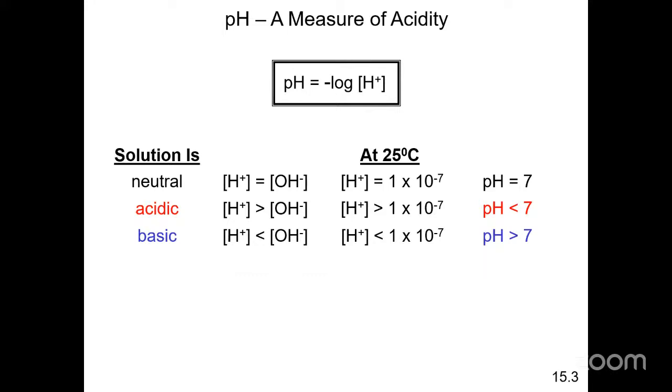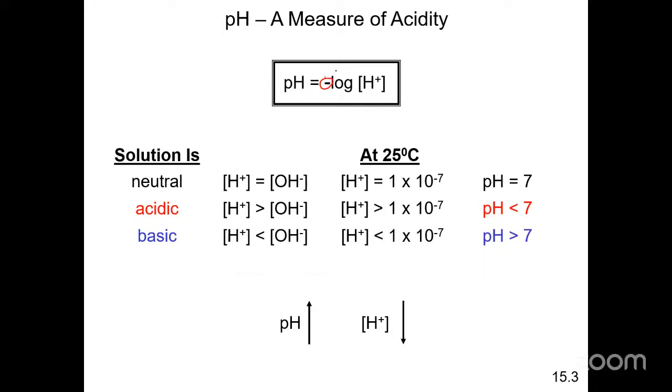Okay, so this is the relationship in terms of trends and changes of pH as it relates to the concentration of H plus. As the pH increases, the concentration of H plus falls. The reason for that is the negative sign right here.